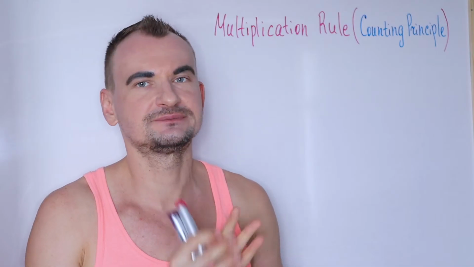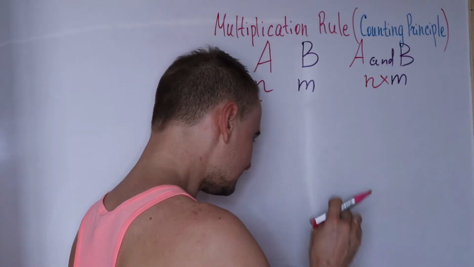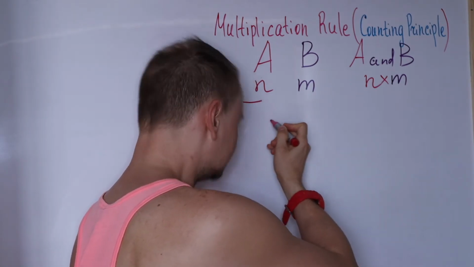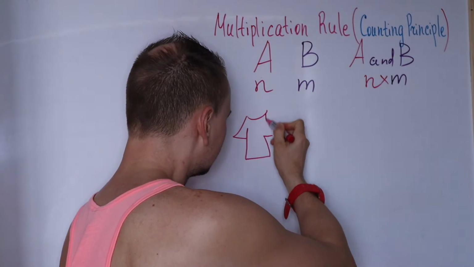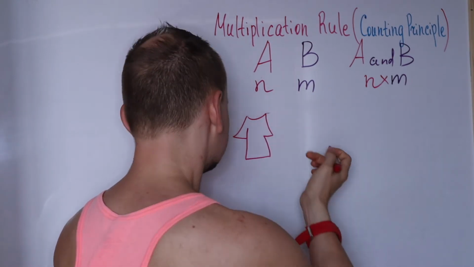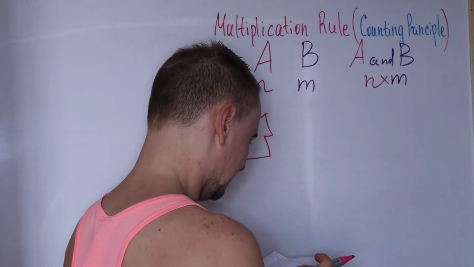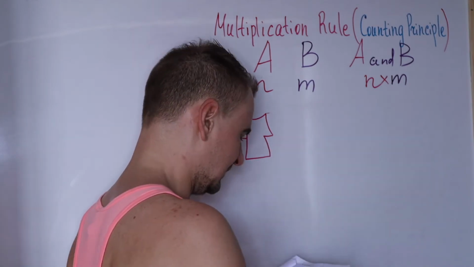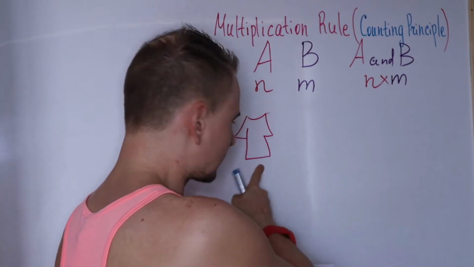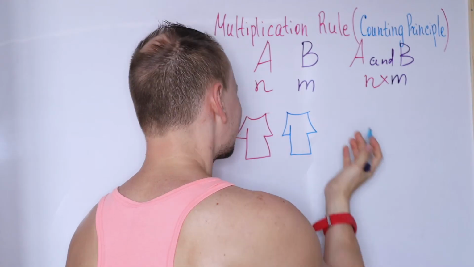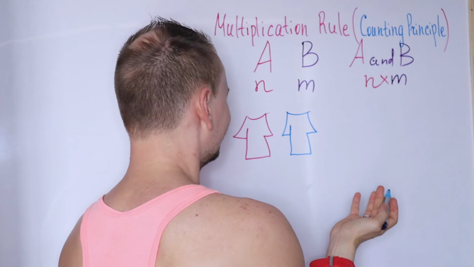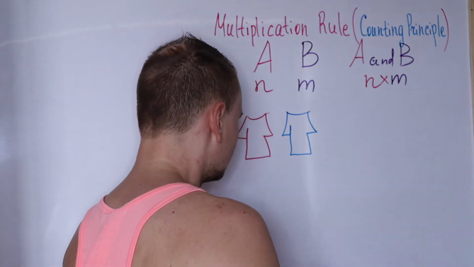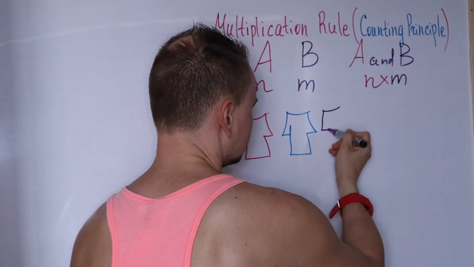Okay, shirt. How can I draw it? Let's say it's a pink shirt. Doesn't look like a shirt, does it? Okay, whatever. Let's say blue. I will just copy from this picture. It looks like a house, not like a shirt. Why do I have to draw this weird stuff?